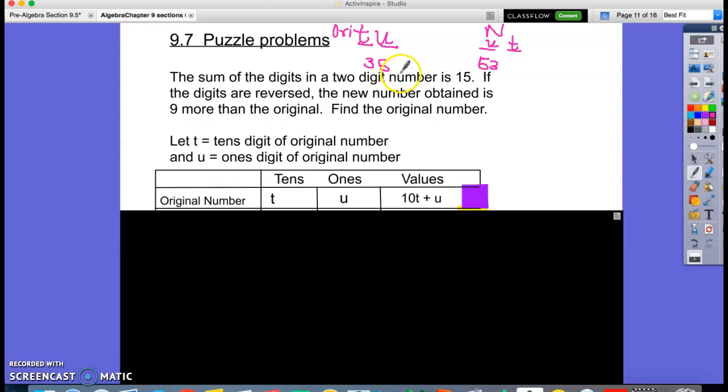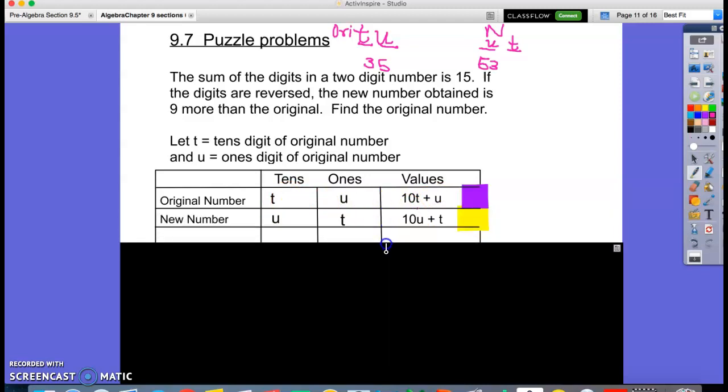So altogether we get 35. So to get the value of this two-digit number, t is in the tens place, so there will be 10 times t plus u. And the new number has u in the tens place and t in the ones place, so the new value will be 10 times u plus t.